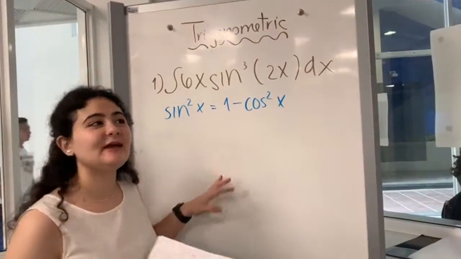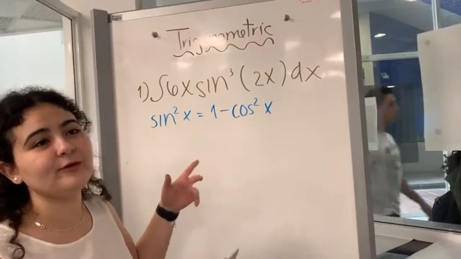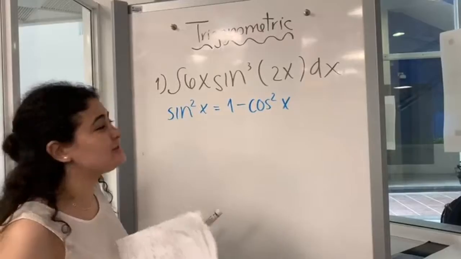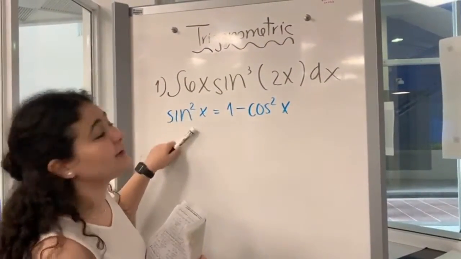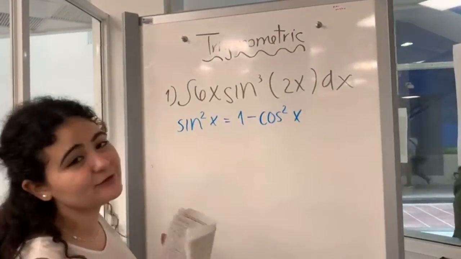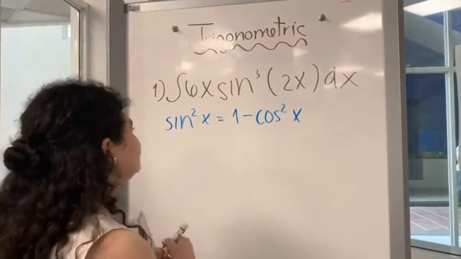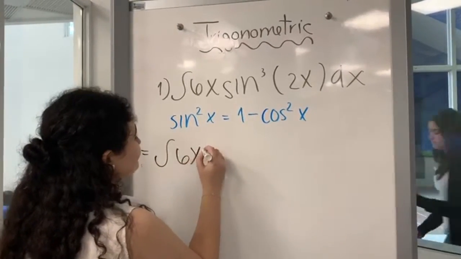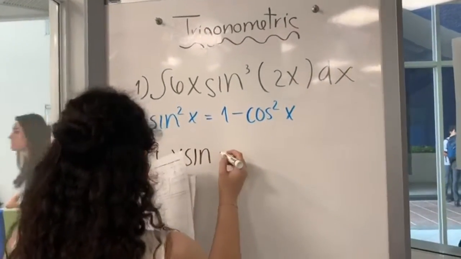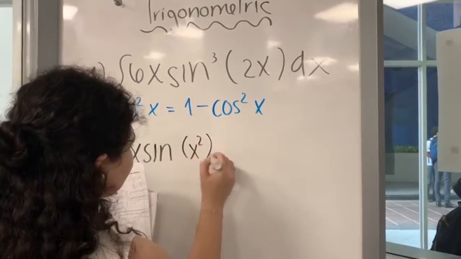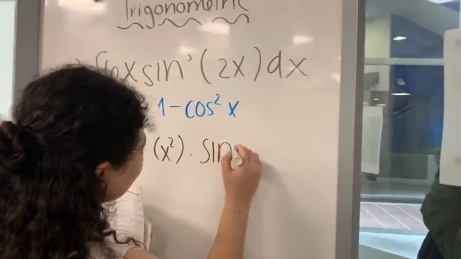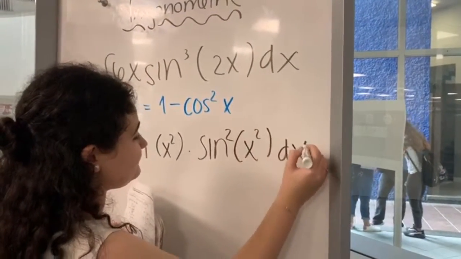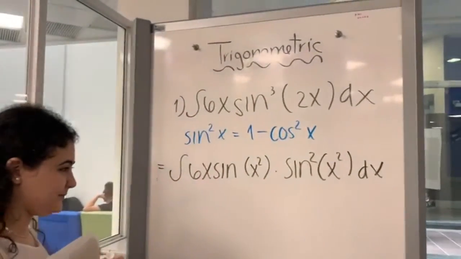Once we identify the identity that we need, we can move on to begin with our problem. So the first thing that we run into is that we have a cube and a square. So in order to solve this problem, you have to separate the sines. So your problem is gonna look like this: 6x sine of x squared times sine squared of x squared.